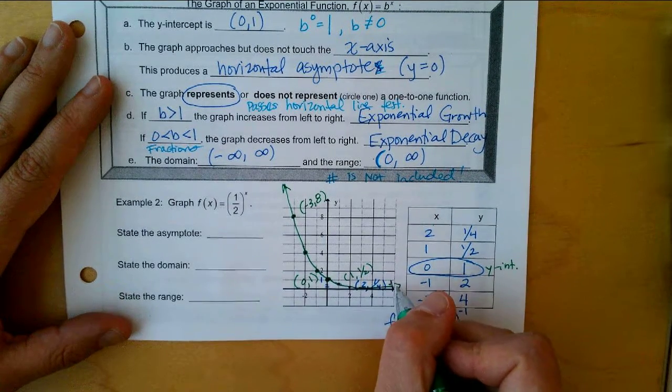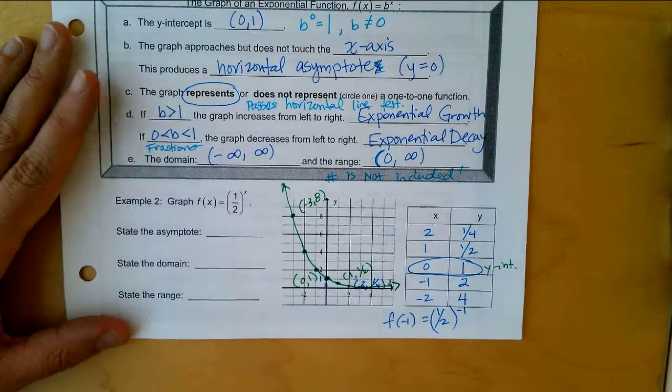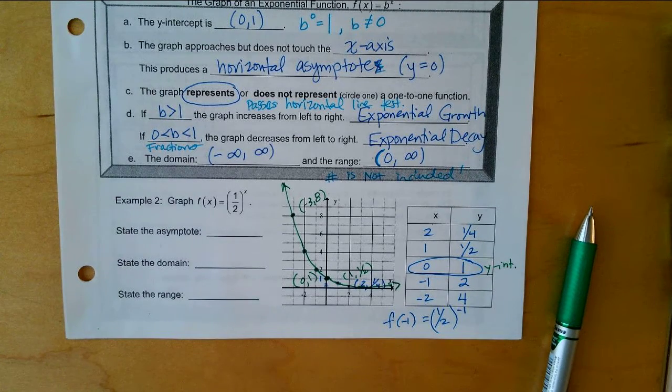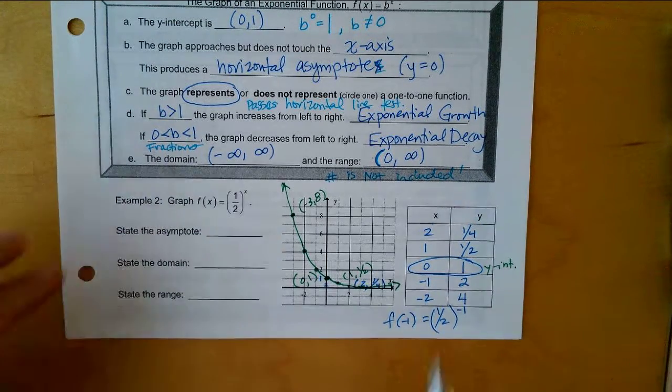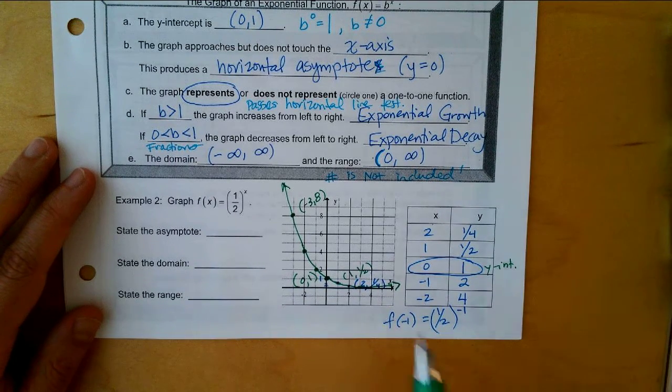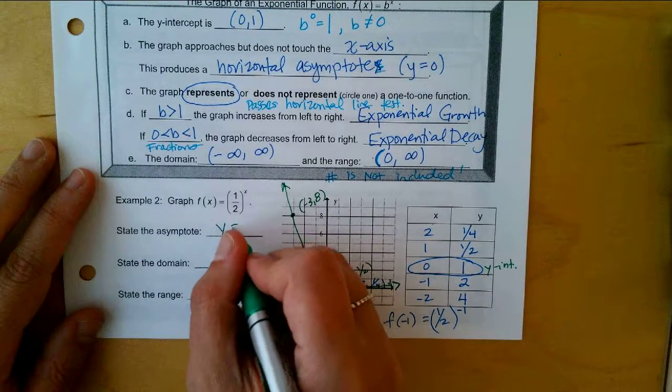Do you see any asymptotes happening? Thoughts on asymptotes? Y equals 0 again, because this time as x gets bigger and bigger and bigger, we're getting smaller and smaller and smaller, just like the Cookie Monster's cookie, right? So our asymptote is y equals 0.